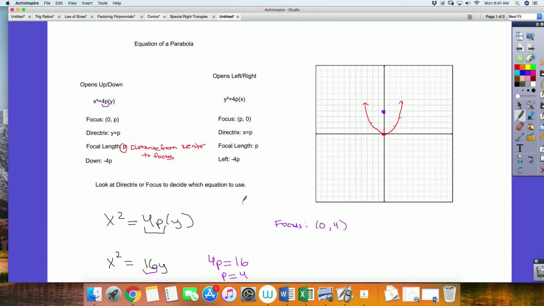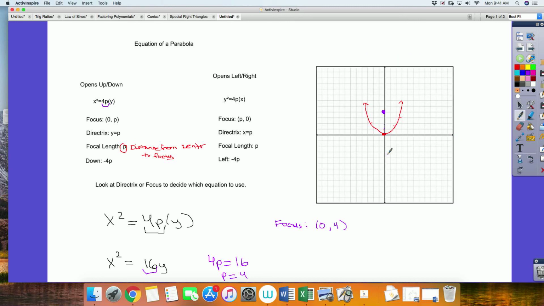Now the directrix is a line that's on the parabola, but notice how it's also going to be away from the focus. So wherever the focus is, the directrix is in the opposite direction. So since our focal length was 4 up, to find the directrix, instead we're going to go 4 down.